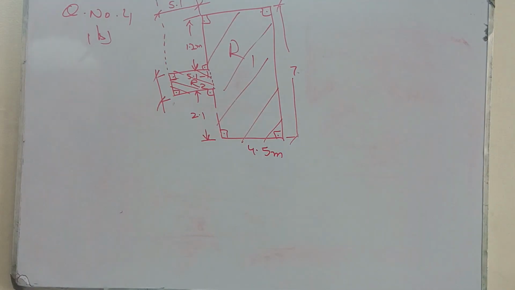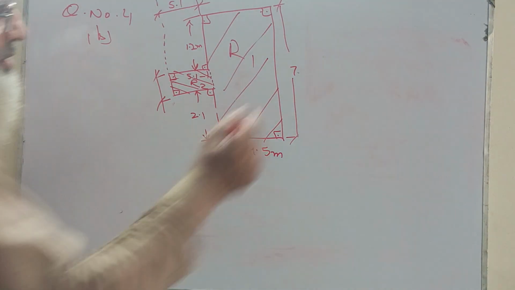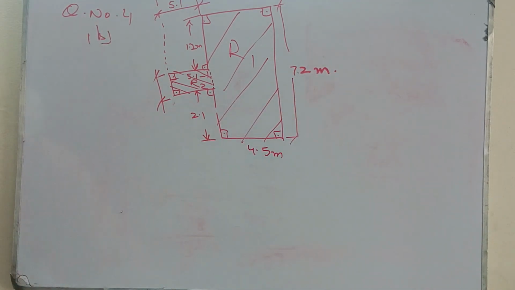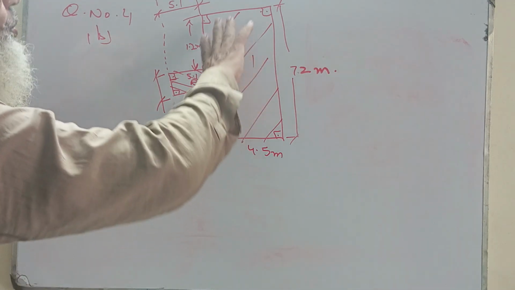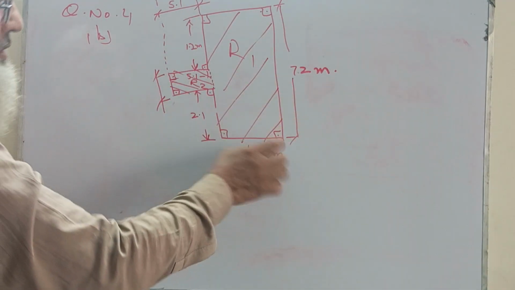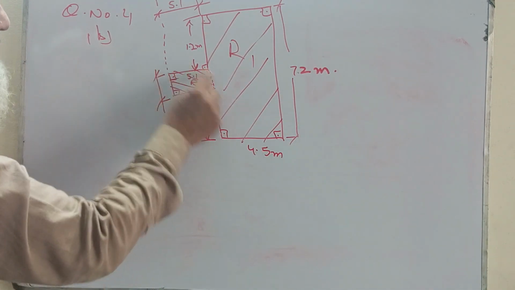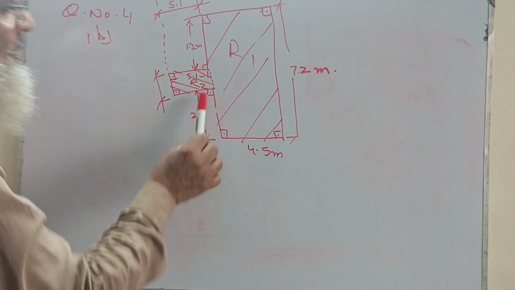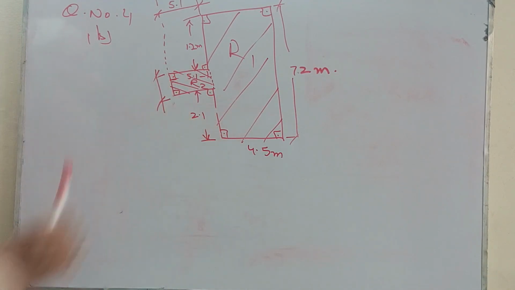So my dear students, let us do this question very quickly. You see that there are two rectangular figures, rectangular figure number one and rectangular figure number two. The good thing is that these signs have been given showing that it is perpendicular from all sides.